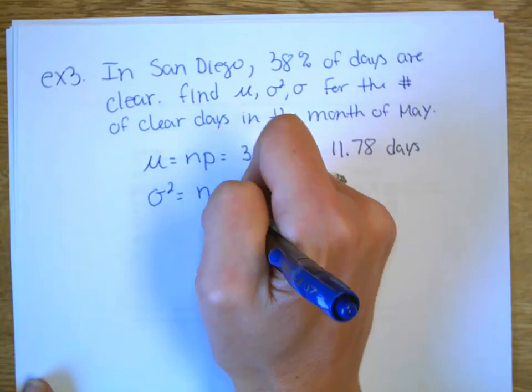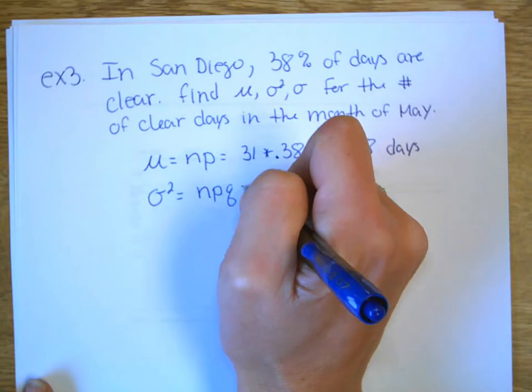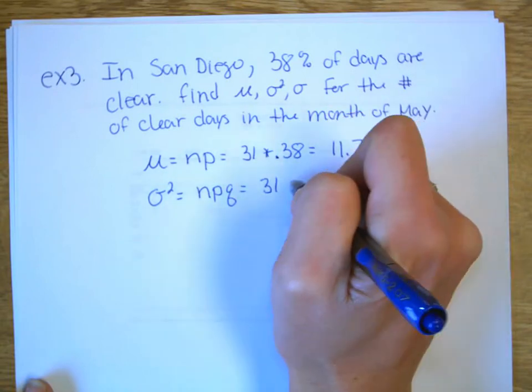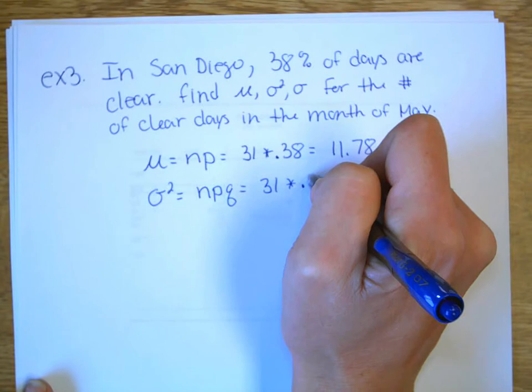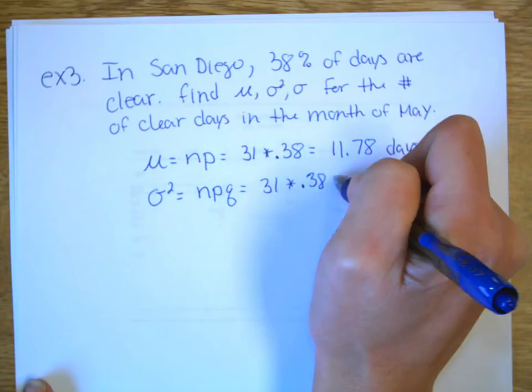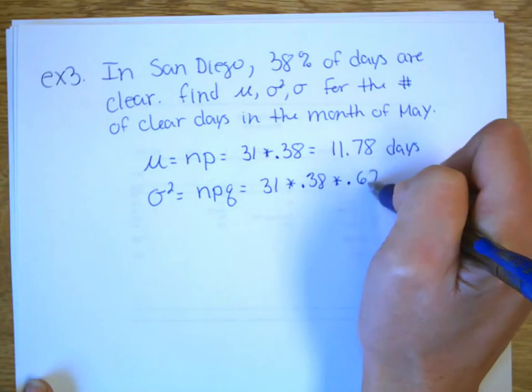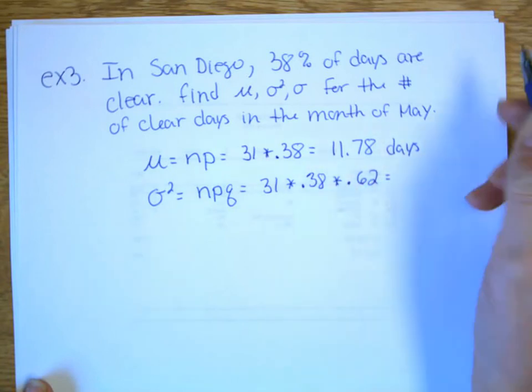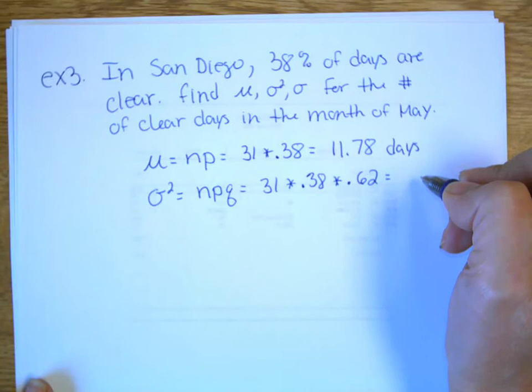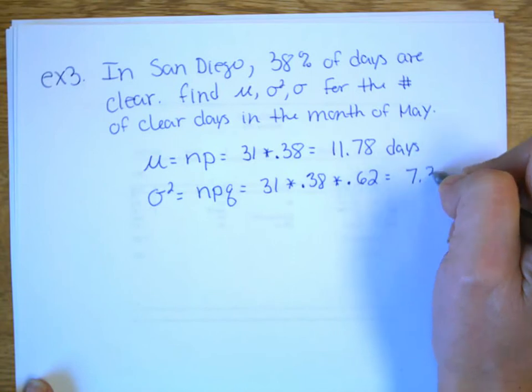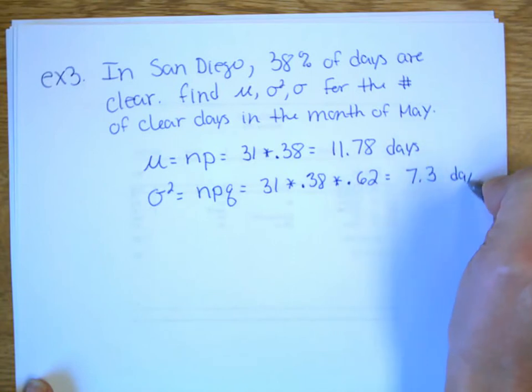Variance, npq. 31, 0.38's the p. What's the q? 6.2 days squared.